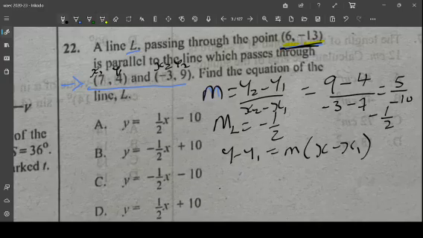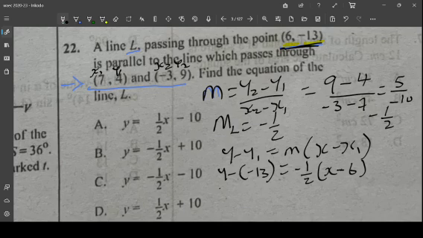So I'm going to have y minus, what's my y1? Minus 13, is equal to m, which is minus 1 over 2, into x minus 6. All right. So I have that y plus 13 is equal to minus 1 over 2 into x minus 6.